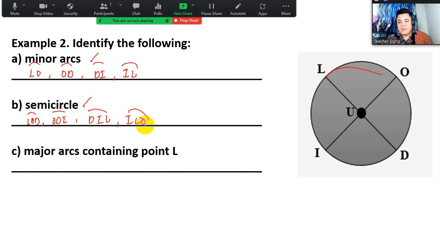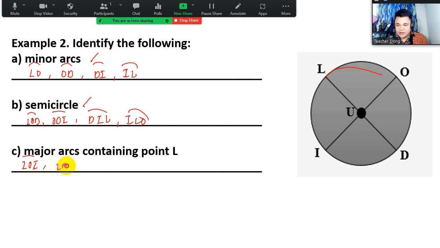Next, letter C, major arcs containing point L. Major arcs are more than 180, which means more than half of the circle, and less than 360 degrees. So the first one is arc LOI.